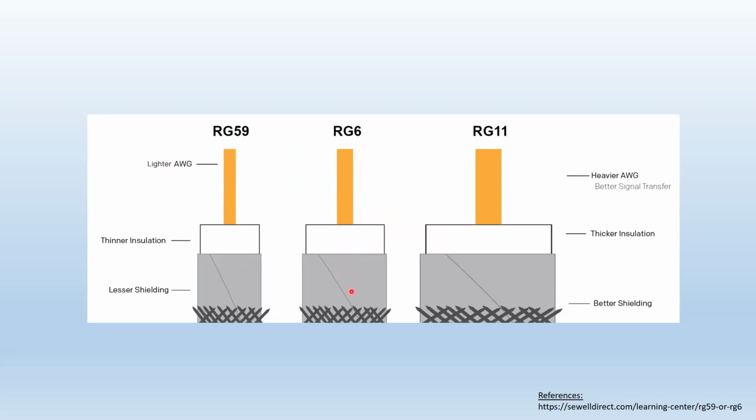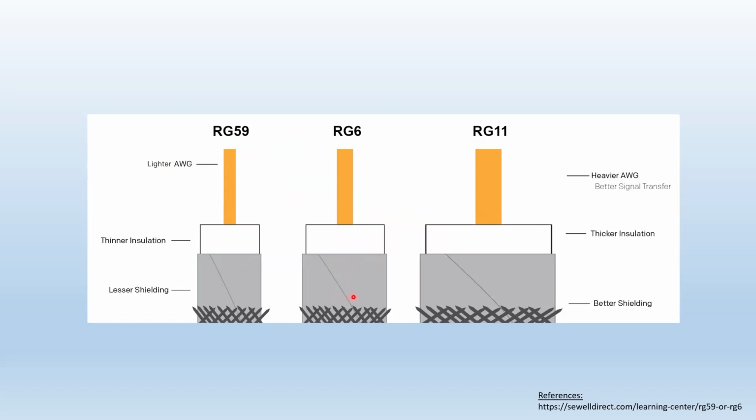This is the RG6 cable. Now, of course, this is not to scale because you have a monitor, somebody else has a tablet, somebody else has a cell phone that you're watching this on, but the comparison between sizes is what matters.